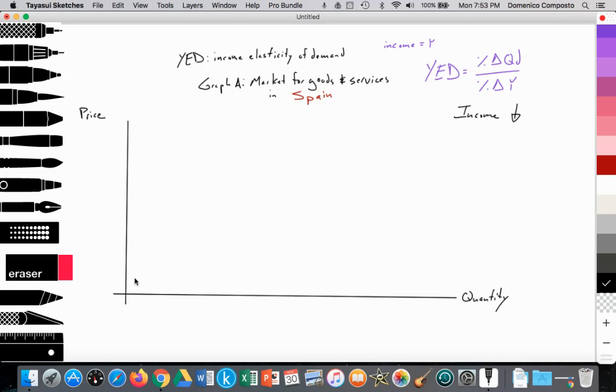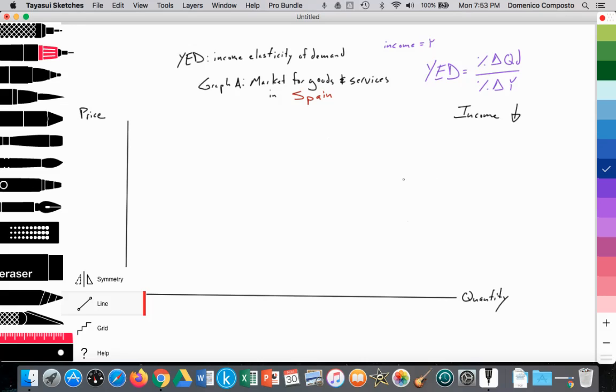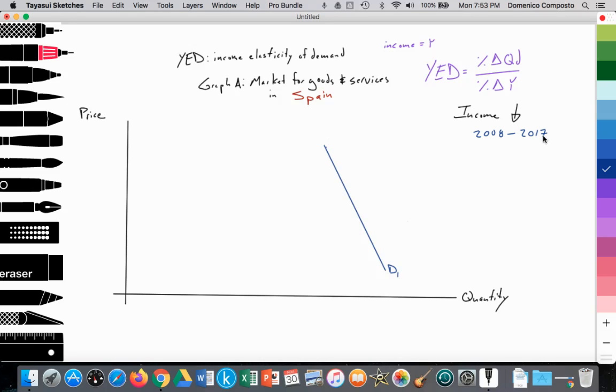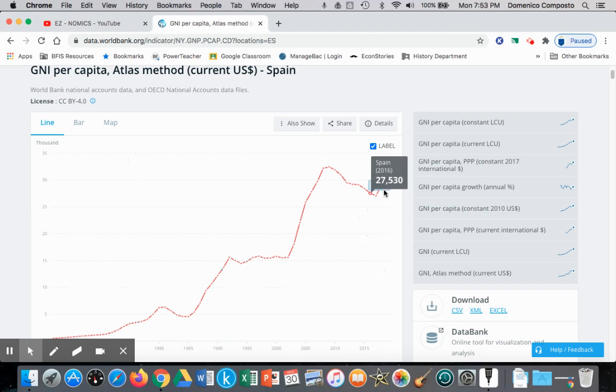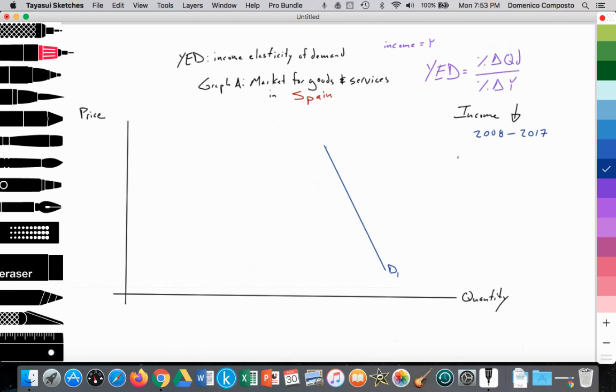So we'll start off with demand for goods and services, approximately, let's put it right around here. We're at D1. And incomes begin to fall, from 2008 to 2017 approximately.